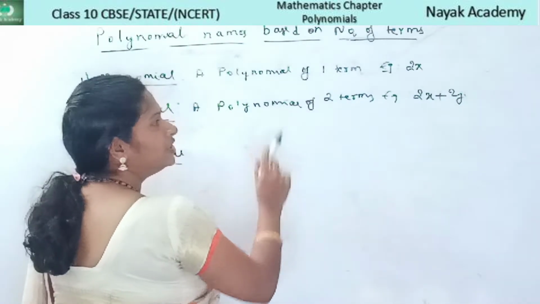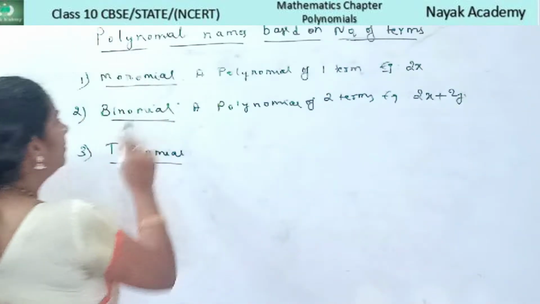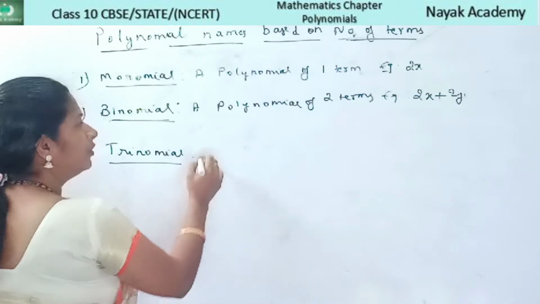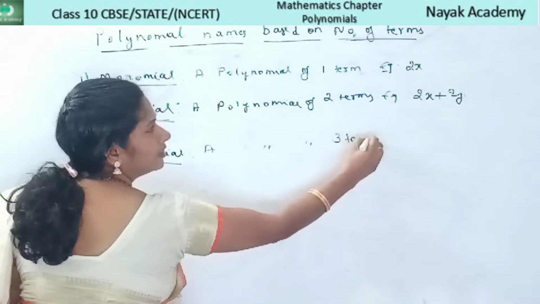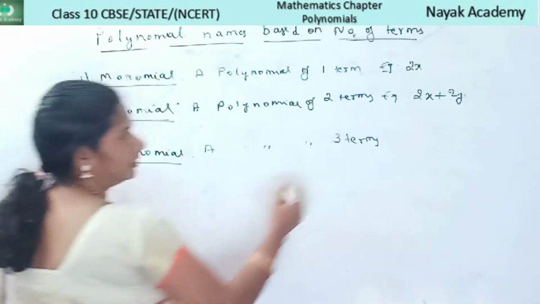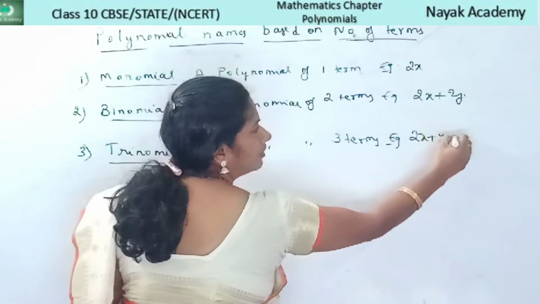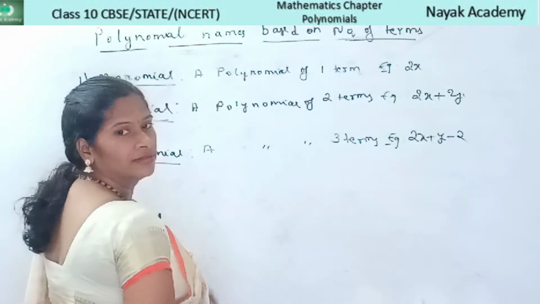So if an algebraic expression contains two terms, then it is called a binomial. Next, trinomial. What do you mean by trinomial? A polynomial of three terms is called a trinomial. For example, 2x plus y minus 2. This is an example of a trinomial.